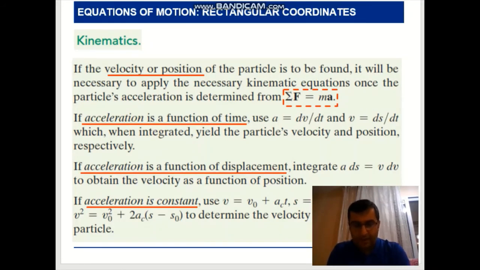So we are going to take the integral again, and then we will find the velocity as a function of position. If acceleration is constant, then we have the formulas v equals v0 plus at, s equals s0 plus v0 t plus 1/2 a t squared, and v squared equals v0 squared plus 2a delta s, to determine the velocity or position of the particle if the acceleration is constant.